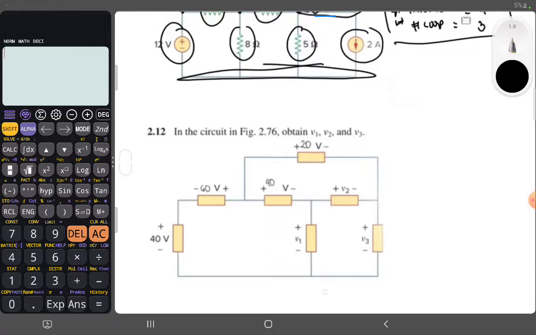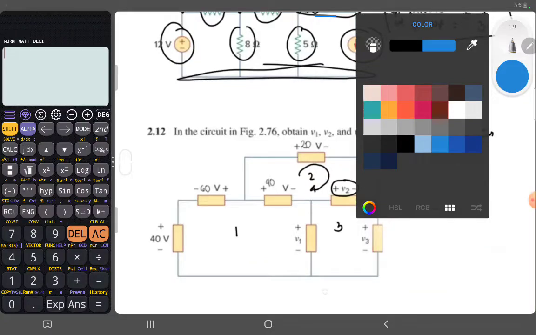So, first, ano ba yung pwede natin solve dito agad? We have our V1, and V3, and V2. So, first things first, ang pinakamagandang atakihin is itong V2 natin. So, if I will have a KVL, lagyan natin 1, 2, 3. So, KVL at loop 2.